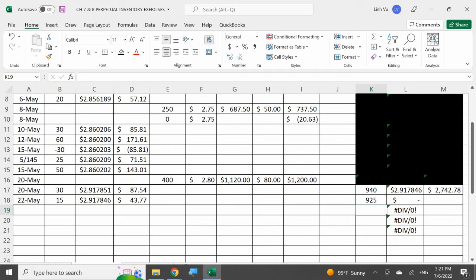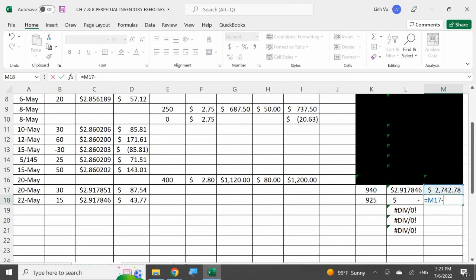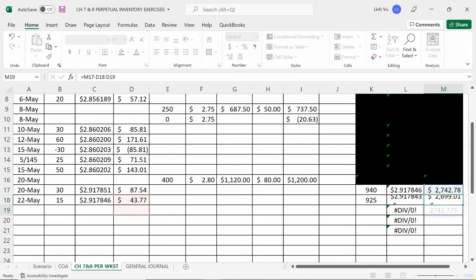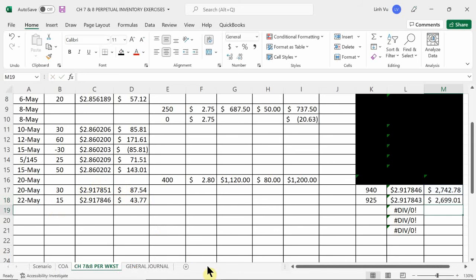Okay. So I just sold 15 units. That should bring me down to 925 units left available. And I just sold $43.77. Which could give me $2,699.01 left.